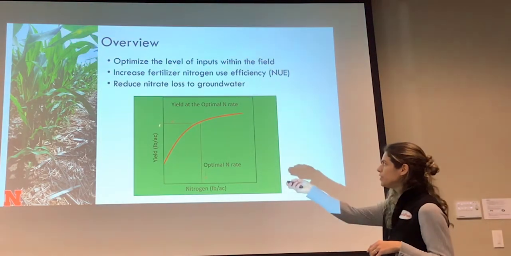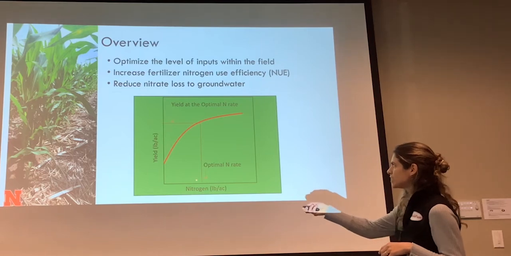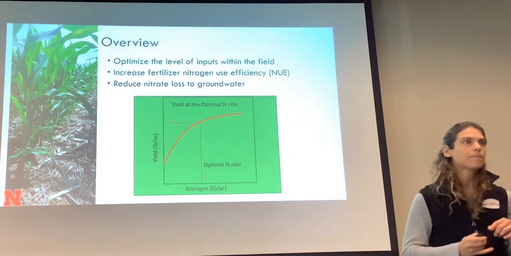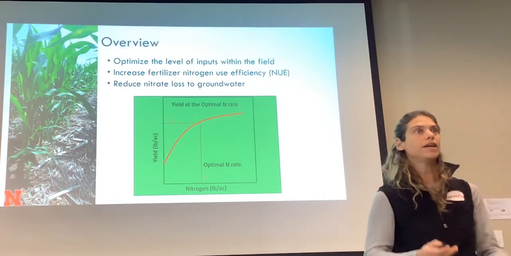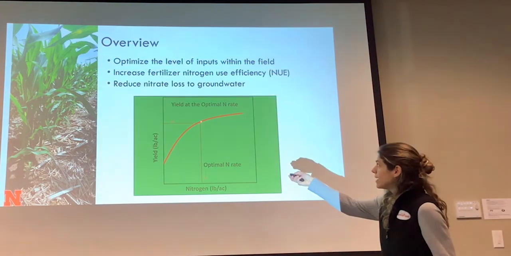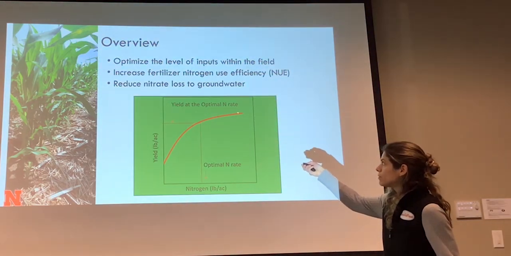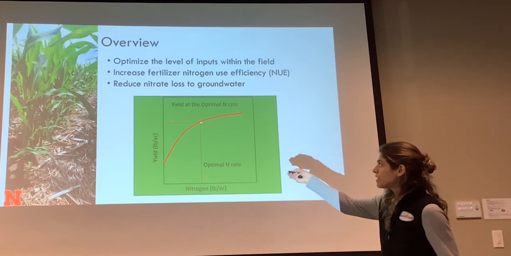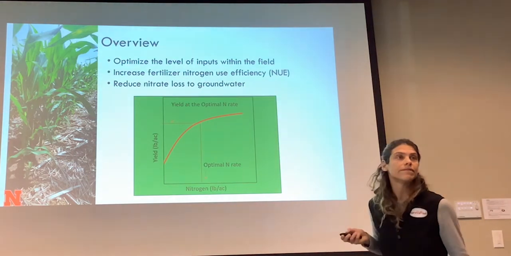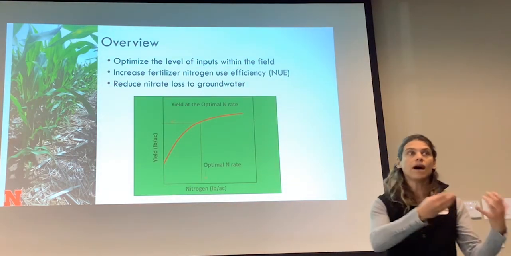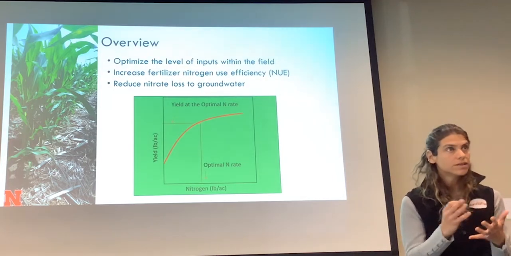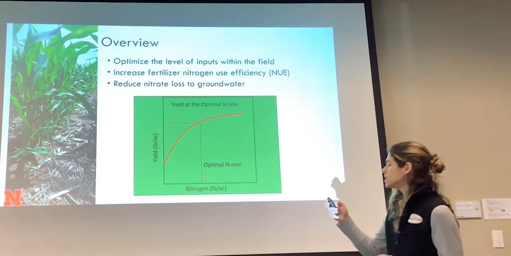If you think about your yield as a response to nitrogen, this is my economic optimum considering the price of corn, or the price of any commodity, and the price of fertilizer. Depending on where you are, if the prices are better, I'm going to move towards this side of the curve. If the prices are really bad, if that ratio is really bad, I'm going to have to be more conservative. So really, you either leave a lot of yield on the table because you're not hitting that right spot, or dollars.